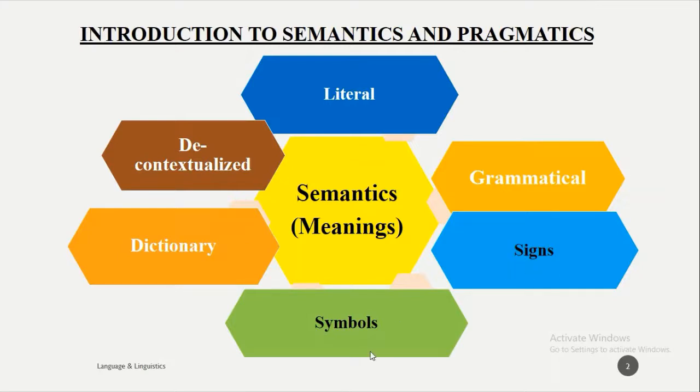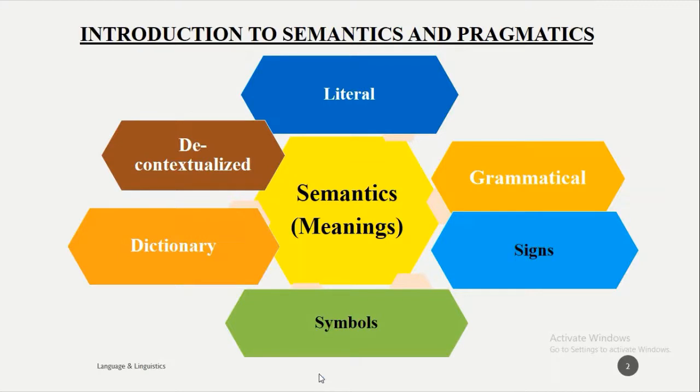Next, we have symbol. A symbol is a form of sign that may have deep meaning. It represents something that is acceptable within certain subjective areas. An example of a symbol could be a letter like A, B, C that can stand for a chemical element or a character in musical notation.